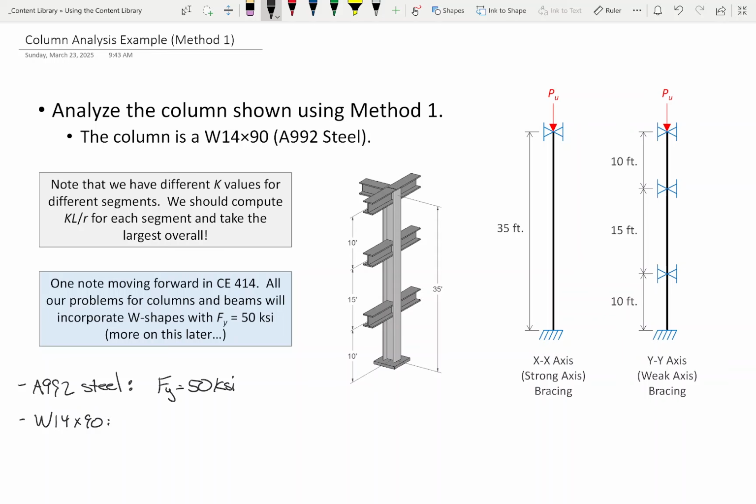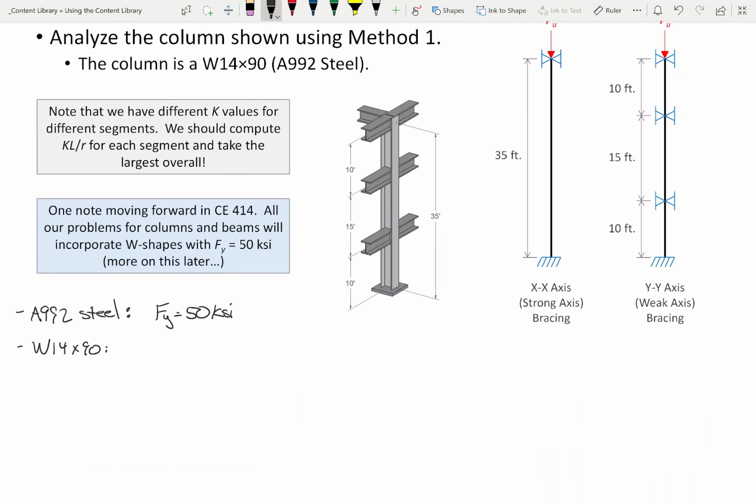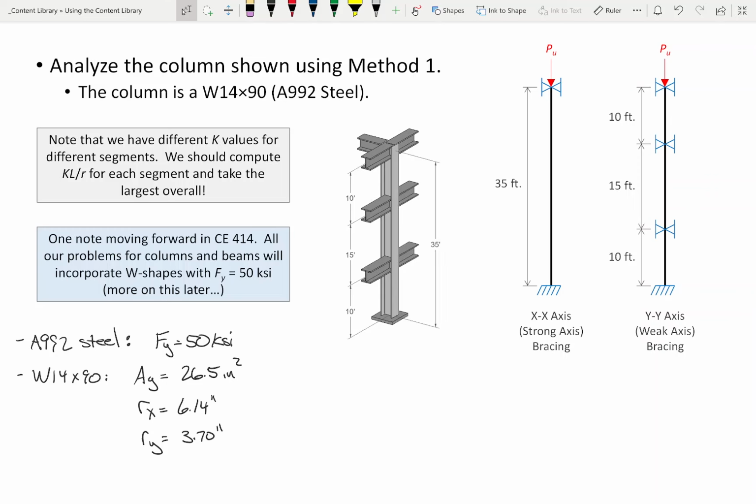We need the gross area, but what other 2 properties are we going to need for this column? Rx and Ry, of course. So let's look those up. What is the gross area for a W14 by 90, and what are Rx and Ry? Okay, 6.14 and 3.7. Okay. All right.